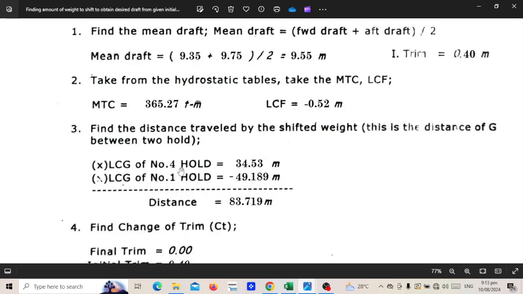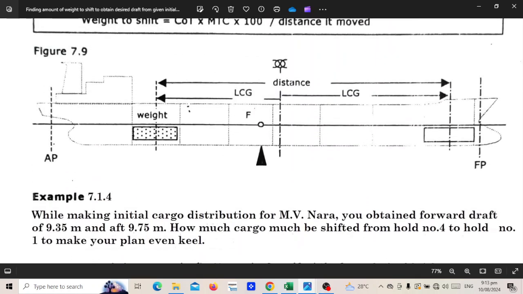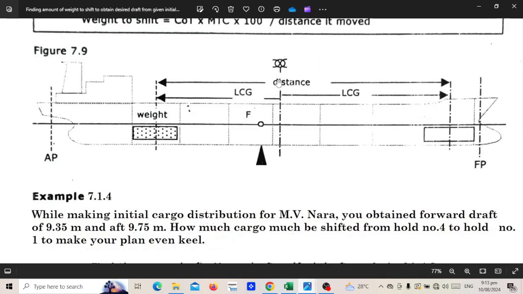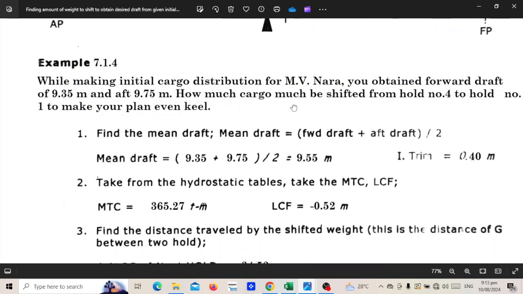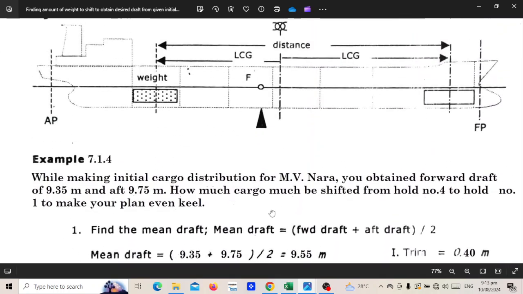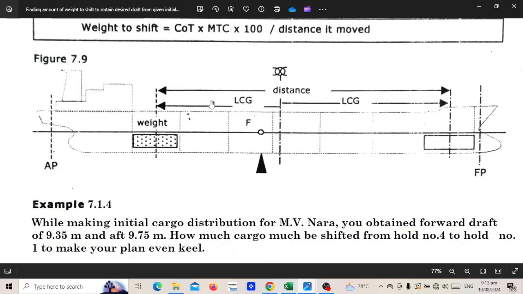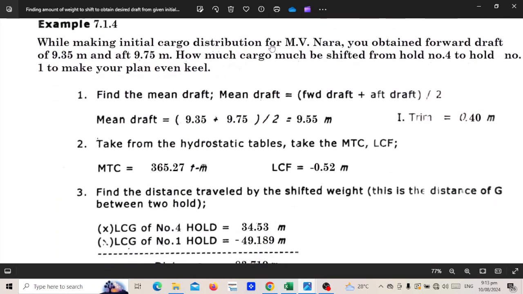Now in hold number 4, the LCG is 34.53, from midship going backward, to the center of the weight of hold number 4, which is positive.